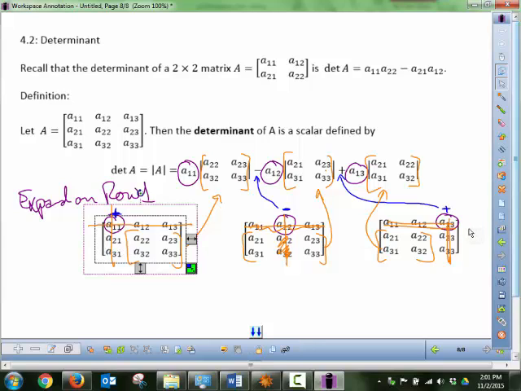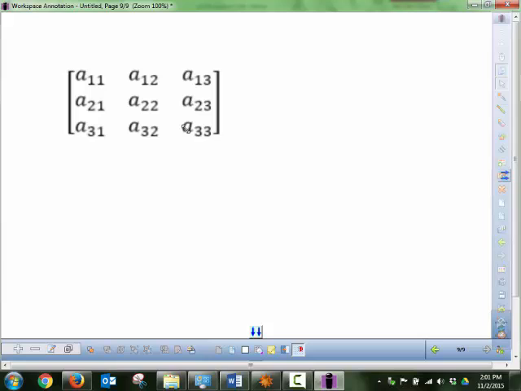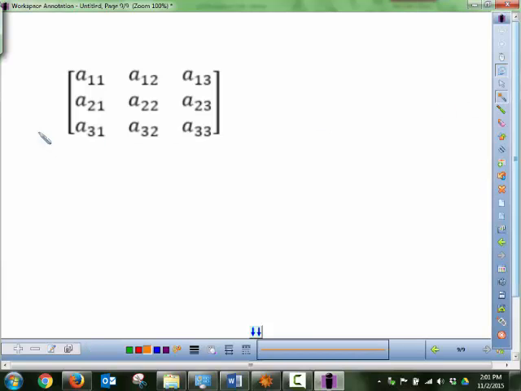But what you could do is expand on a different row or different column. Let's say my bottom row had 2 zeros in it. So I want to expand on the bottom row. So let's expand this on the bottom row. How's that going to look?